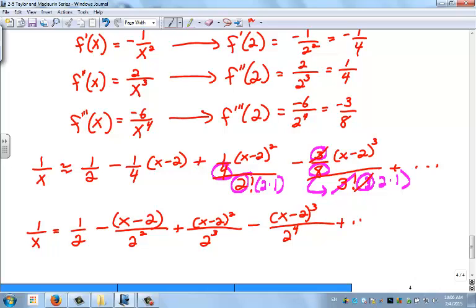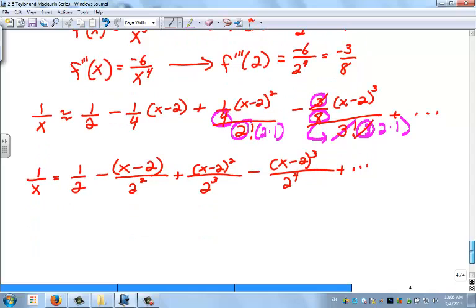Now you're set. You can tell me what the next term is. I know you could, right? First of all, since the first term is the 0 power, what you have is the 0 index for n. Let me get my n's down there so I don't confuse you. I got a little ahead of myself. n equals 0, 1, 2, 3.